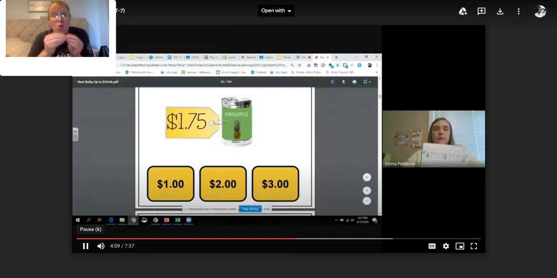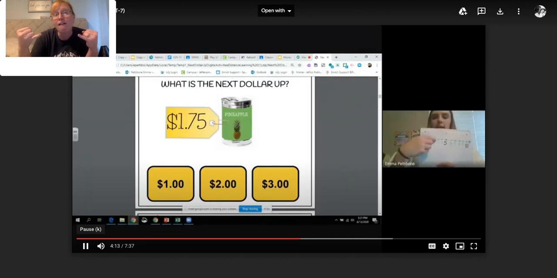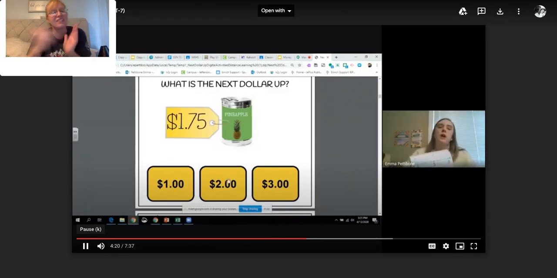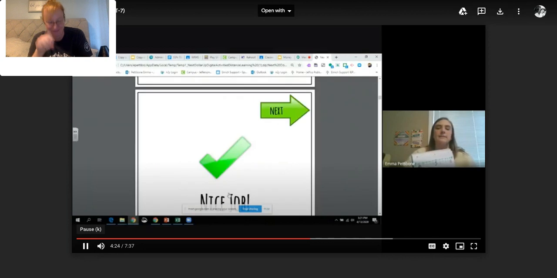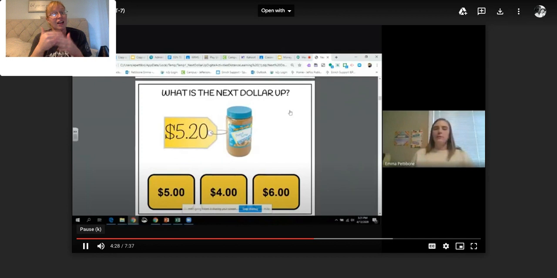So I'm looking at my $1, and I'm going to go up 1 on my number line. 1. What number is that? 2. Very good. Again, I'm going to give him $2. Find $2 and point to it. Good job, guys.